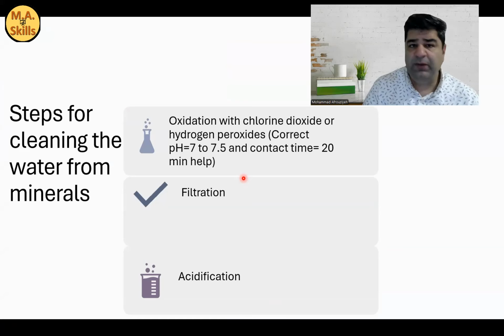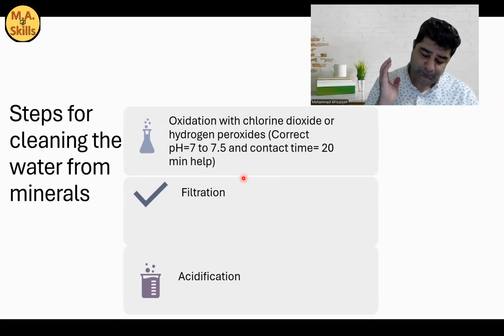So here we have three steps. The first step is oxidation with chlorine dioxide or hydrogen peroxide at the correct pH, which is 7 to 7.5, and the appropriate contact time. It should be at least 20 minutes.